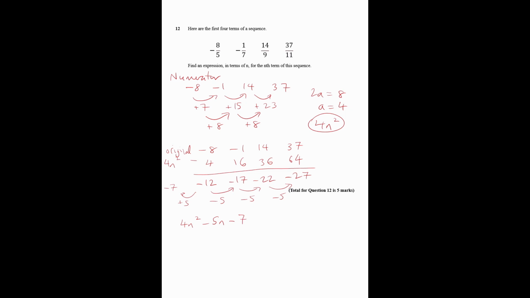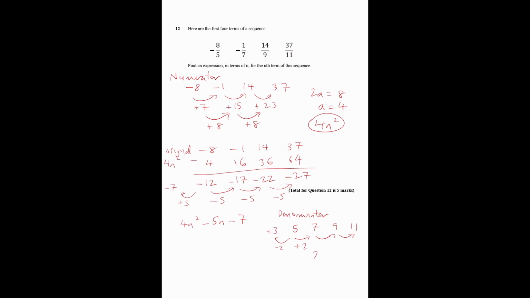So that's the numerator. The denominator, that's going 5, 7, 9, 11. So this is going up in twos. So this is just based on 2n. Take away 2 to get plus 3.